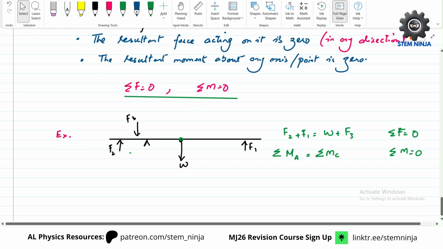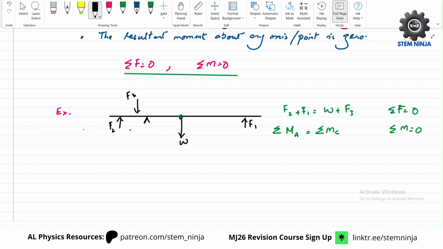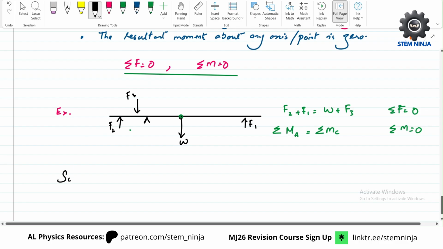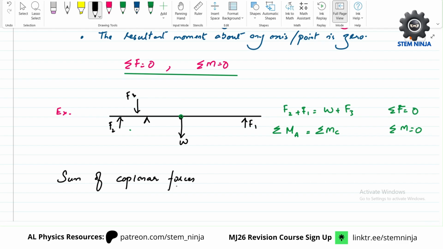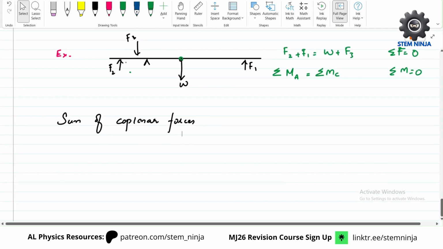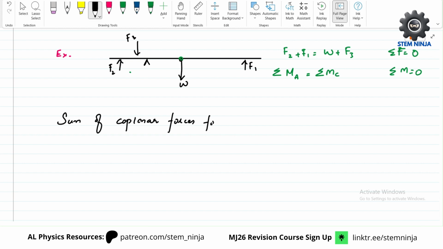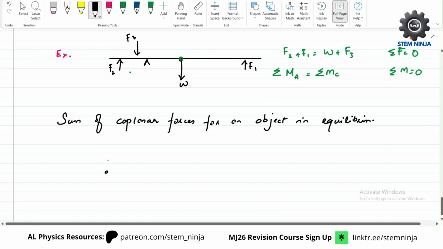For resultant forces, we also have the sum of coplanar forces. We also discussed this briefly in the vectors topic and in the forces and dynamics topic, that for an object in equilibrium, now we saw this case before also, but just to go over this one more time.